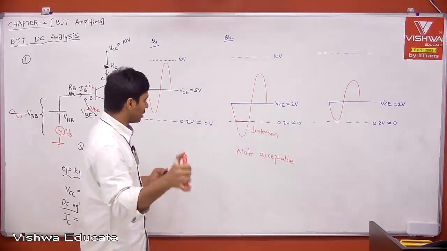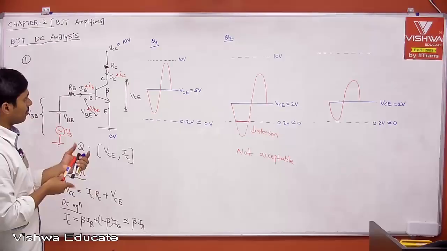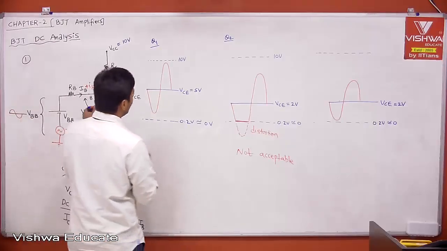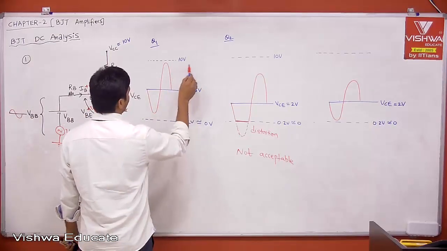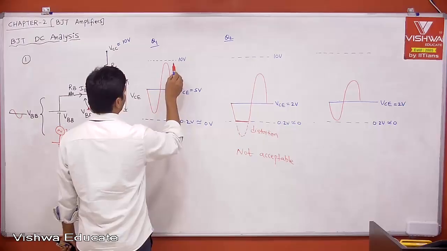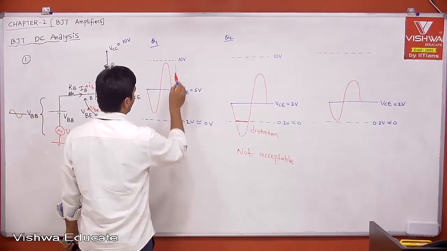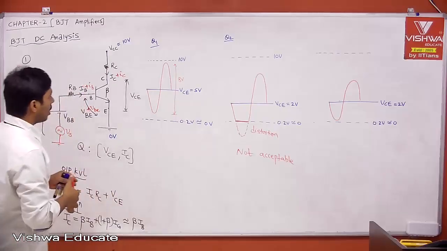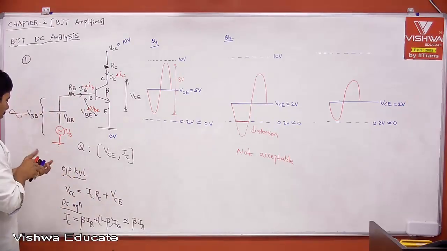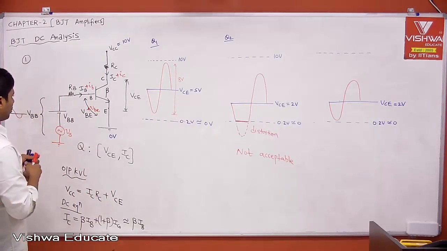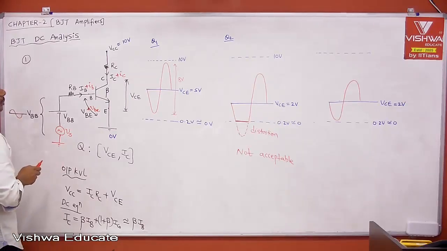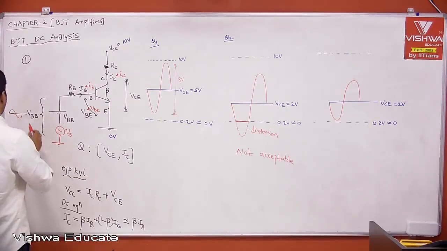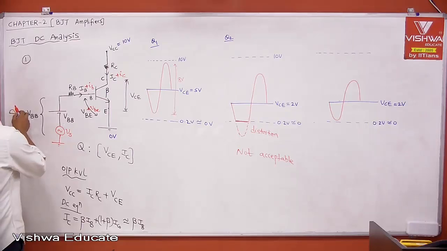For your understanding, let me take, what is this peak to peak? Let us say the peak to peak is around 8 volt. Okay. And now let us say I am giving input peak to peak 80 millivolt.